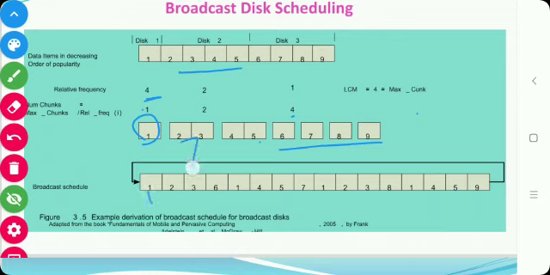First 1, then 2 3, then 6, then again 1, then 4 5, then 7, again 1, then again 2 3, 8, again 4 5 and 9. In this way the data items are published on the broadcast channel. So this is data dissemination.